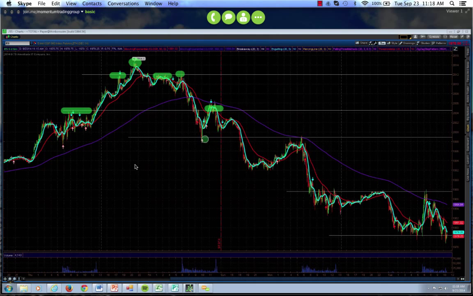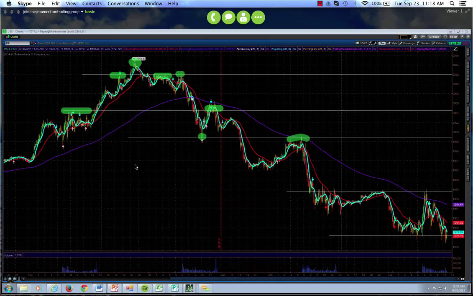Coming right through here, we can see it acted as a support level, and then it later acted as a resistance level once we got below this line. But you'll notice, guys, when this thing broke right through here, that price is 2006 roughly, and you can see we're currently trading at 1979, 1980.